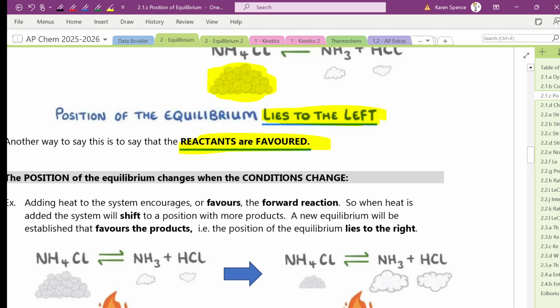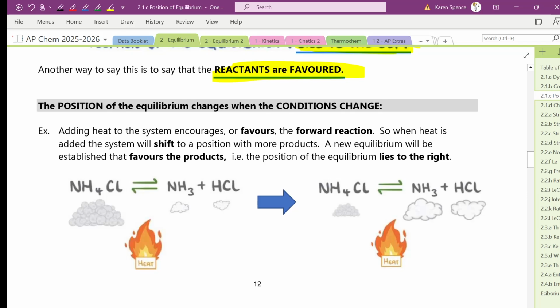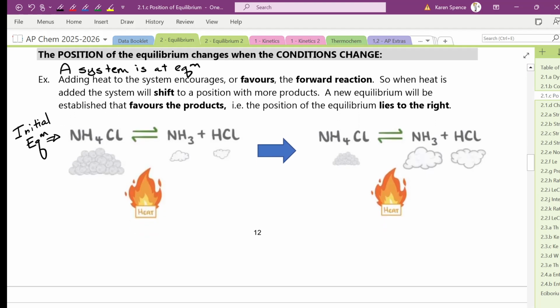So let's look at what happens when the conditions change. Okay, so on our left-hand side here, we have a system that is at equilibrium. Okay, that's what we're starting with. We have our initial equilibrium here. And what can we say about that equilibrium?